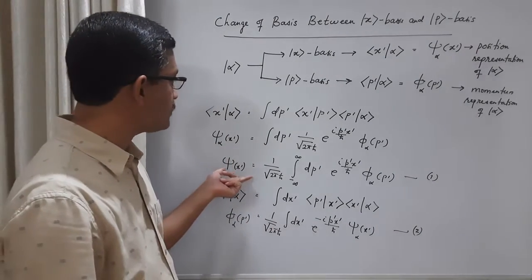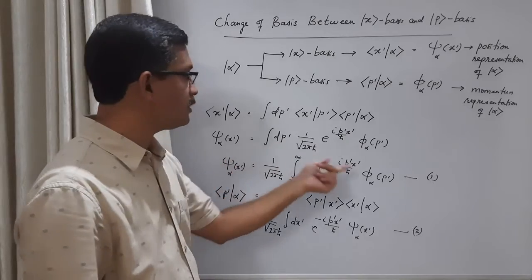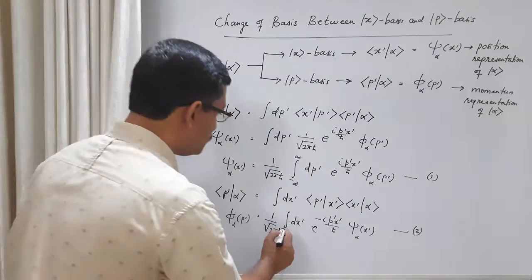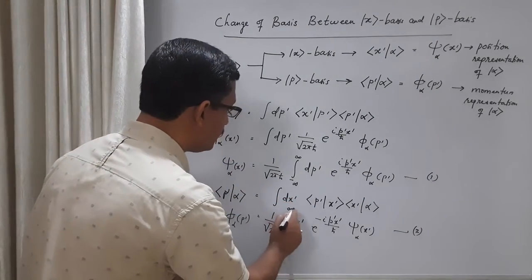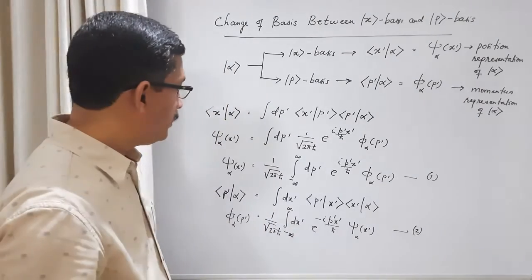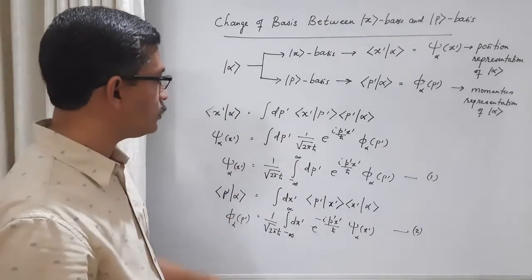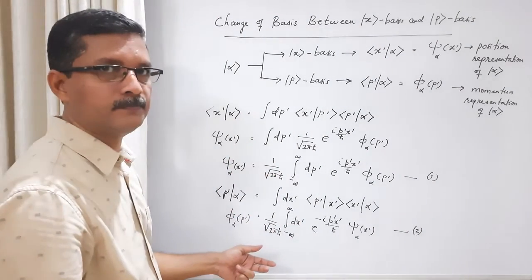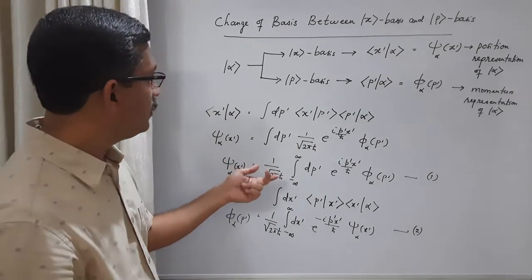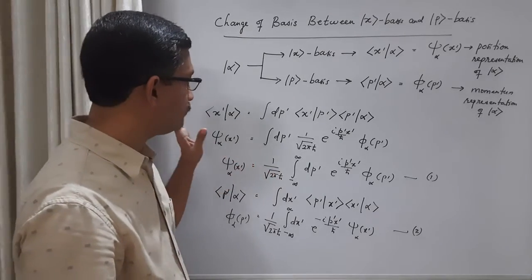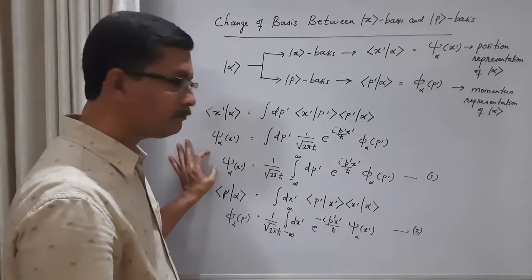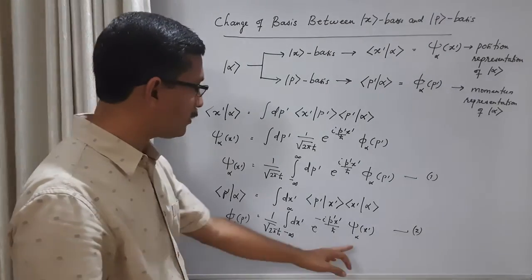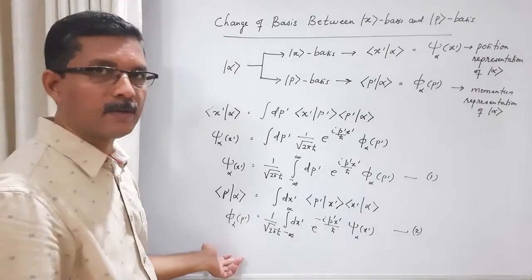So equation 2 expresses momentum space wave function in terms of position space wave function. Equation 1 expresses position space wave function in terms of momentum space wave function. Here also the limits are from minus infinity to plus infinity, limits of x prime. Now if you look at equation 1 and equation 2, they are just Fourier transforms of each other. So this is the Fourier transform of phi alpha p prime, and this is the Fourier transform of psi alpha x prime.